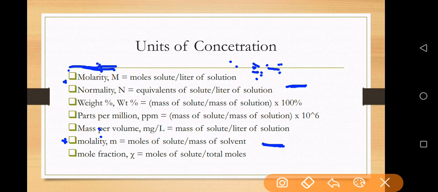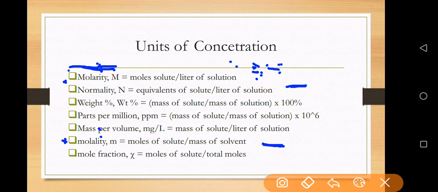For the mole fraction of solute, we take moles of solute divided by the total number of moles, and this total number of moles is solute plus solvent. For the mole fraction of solvent, we take moles of solvent divided by the total number of moles of the solution, and this total number of moles is solute plus solvent.